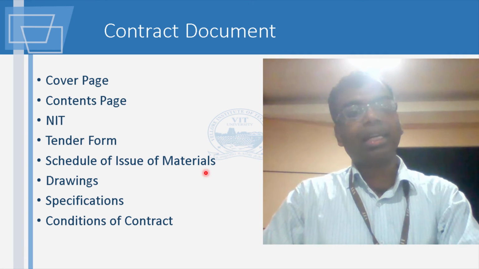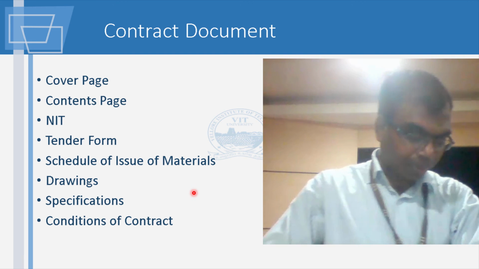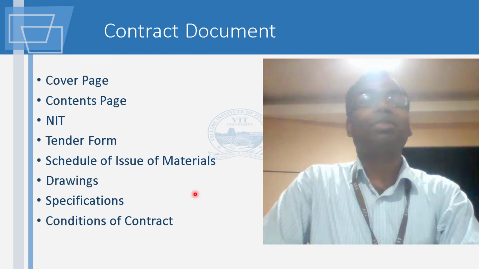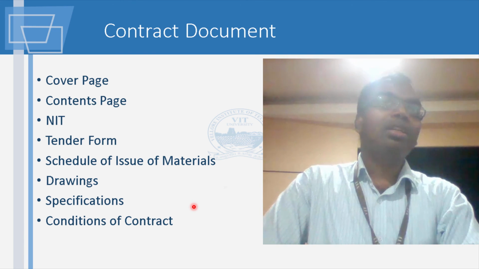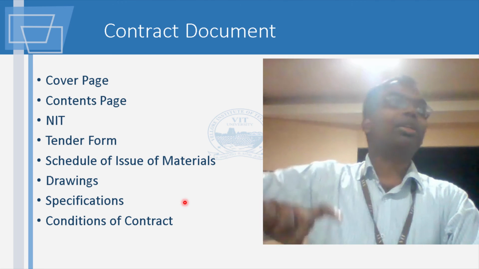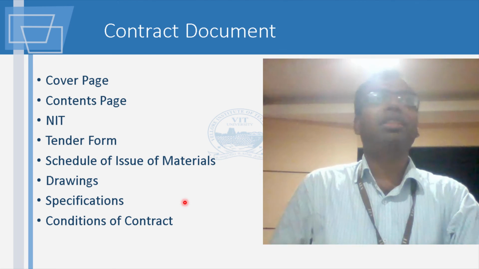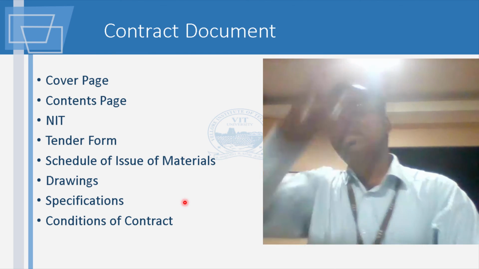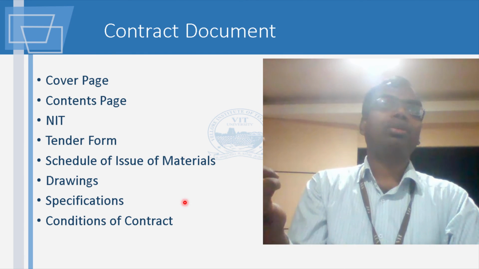Then you will have the schedule of issues of material. Suppose it's a power plant, because I've worked a lot with power plants. The first thing that you will have to place an order for is the boiler. So when is the boiler going to be delivered? This is a question the buyer is very interested to know, because if the boiler doesn't come, the rest of the stuff is not going to work.